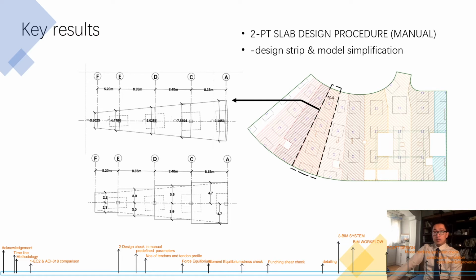So this is a structure layout plan I got from the CSCE third variant. The original drawing is a conventional RC structure. I redesigned it using a post-tension structure. For practice and study purposes, I only designed one strip in the Y direction, which is Y4.